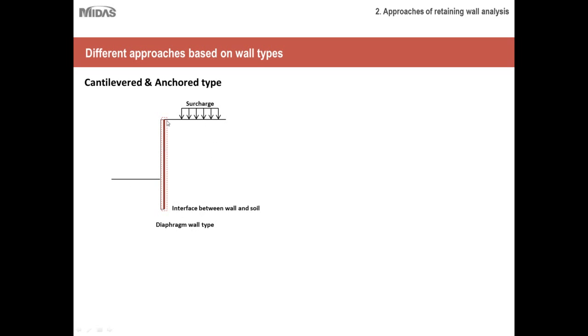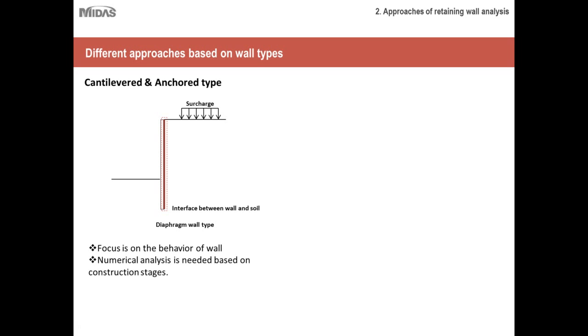The cantilever wall, if you look at it, has just one particular structural member, and that is what we have to design. So basically it is this wall member that governs the design, and our entire focus of the design is on this wall behavior.